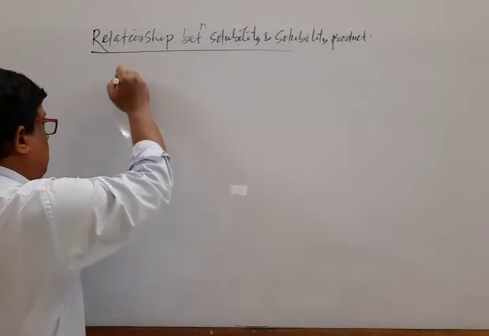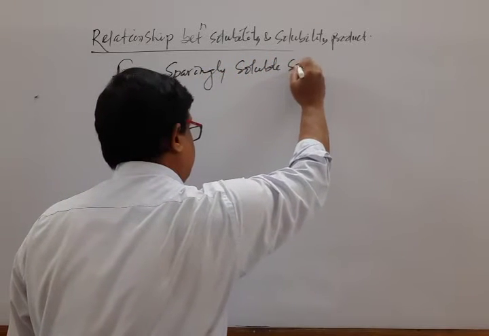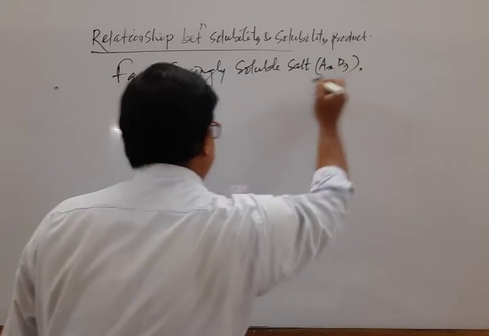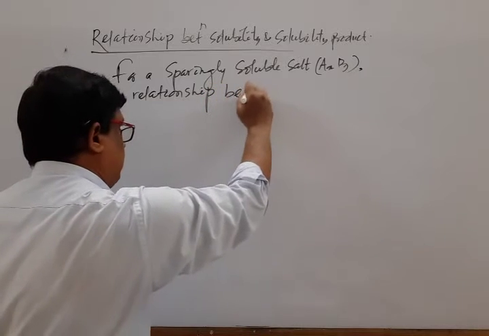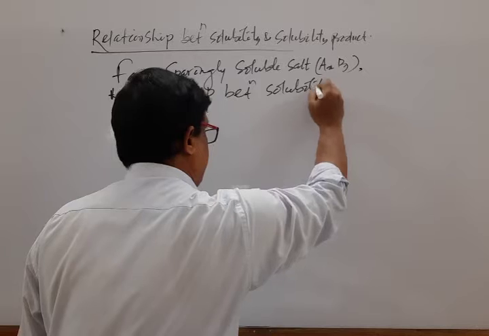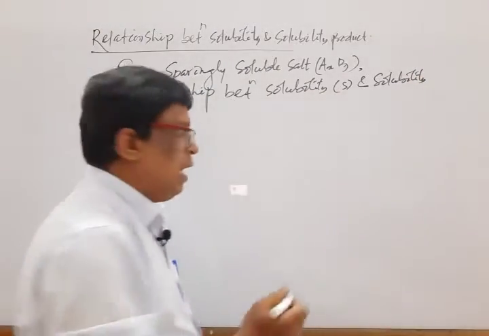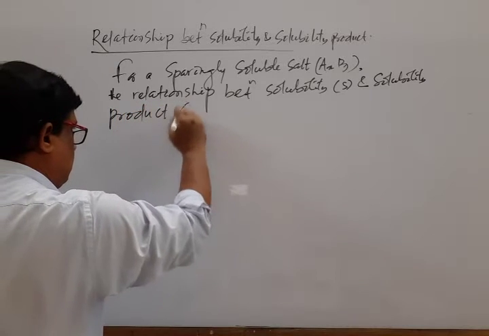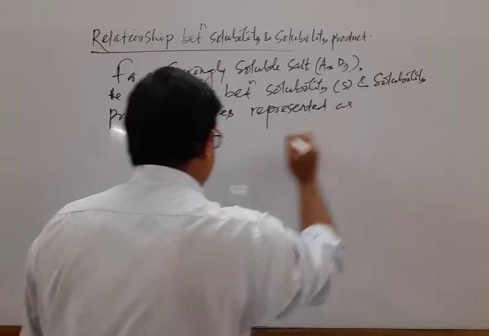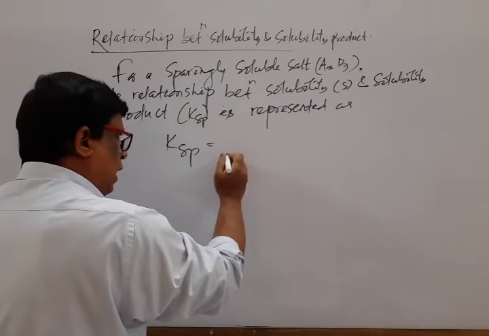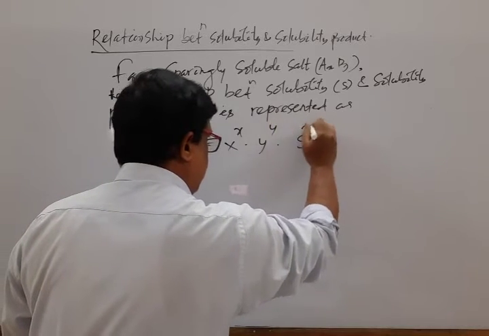So for a sparingly soluble salt, that is AxBy, the relationship between solubility, symbol S, and solubility product, symbol Ksp, is represented as Ksp equal to x^x times y^y times S^(x+y).